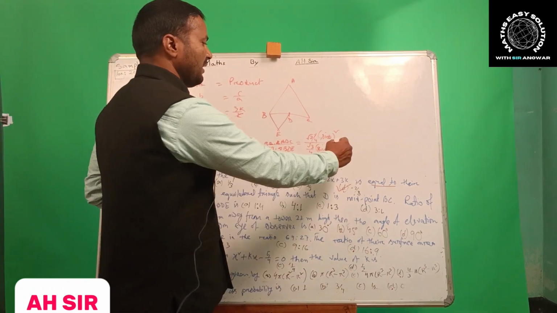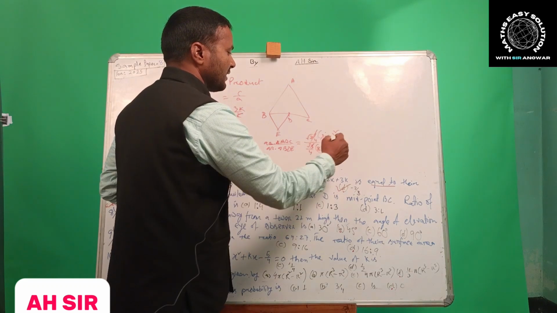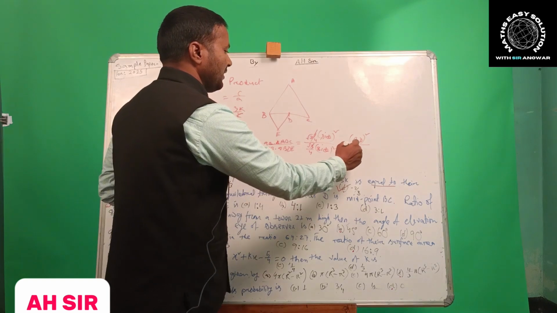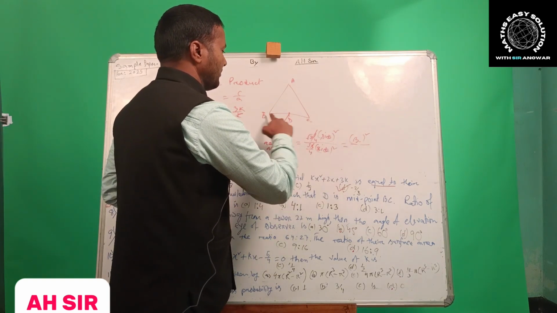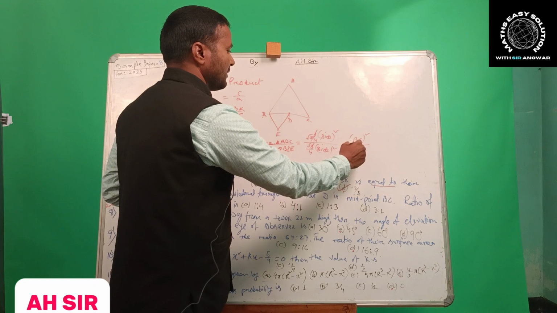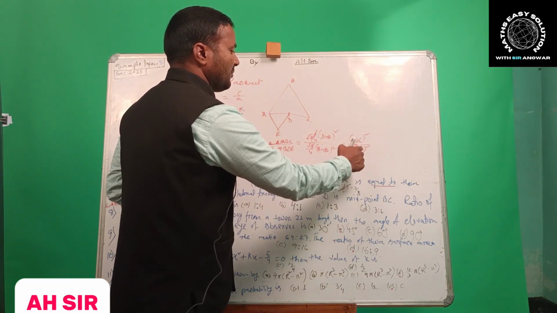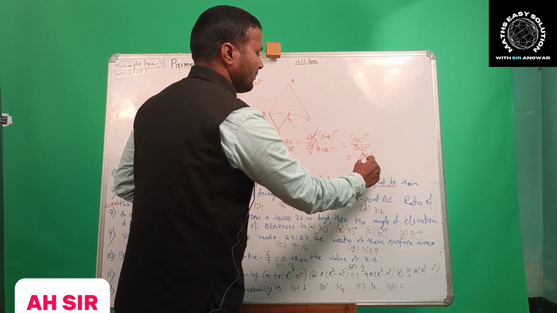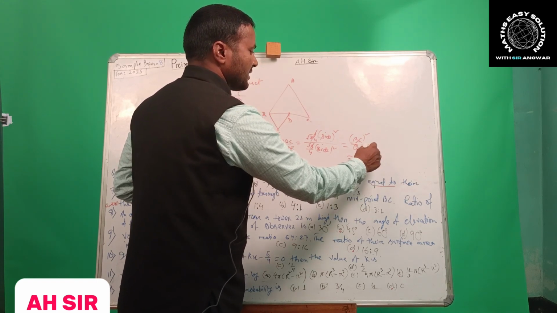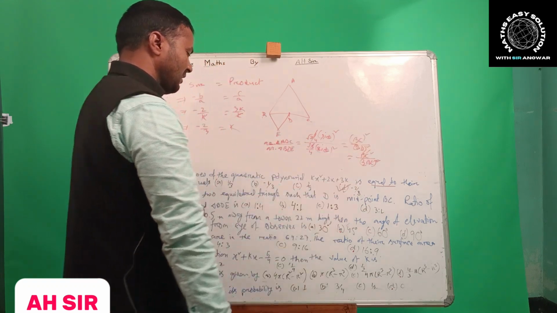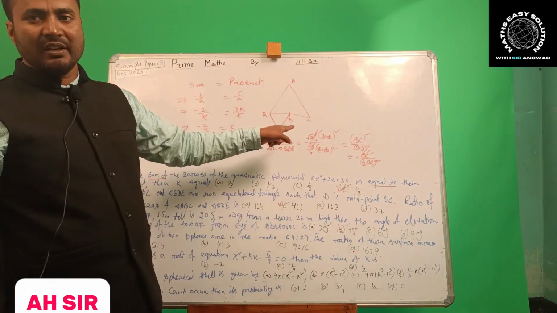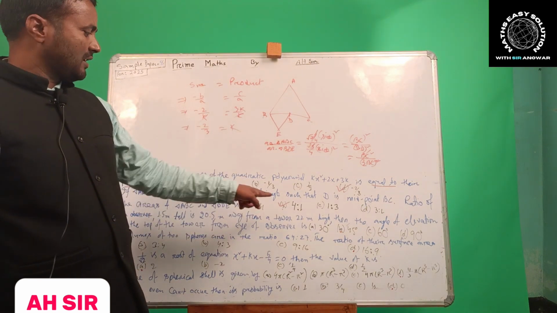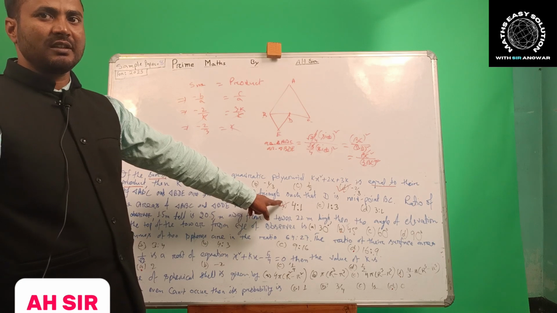Root 3 by 4 cancel, side is BD square here, and here side will be, not BD, sorry, BC, and here is BD. Now in place of BD, we will write half of BC. Then BC cancel, half will be 4, it will go up, it means 4 by 1. I have already solved this question twice in my previous sample papers, so you will see from there. Important question, that's why it is repeated.